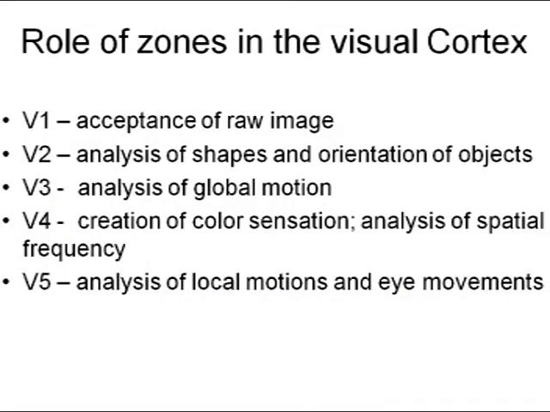The current understanding of the functions of the different zones in the visual cortex is as follows. Zone V1 accesses the raw image and relays it to other zones for parallel processing of movements, shapes, color, and more analysis. The sensation of color is processed in zone V4.